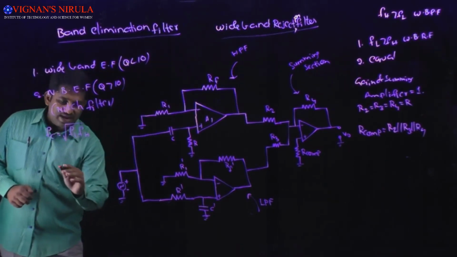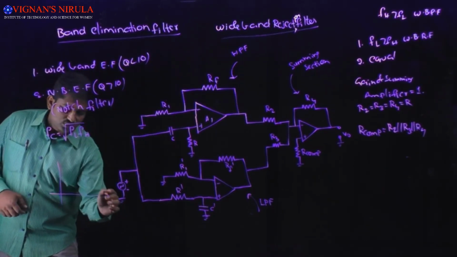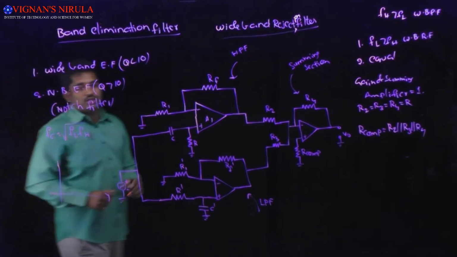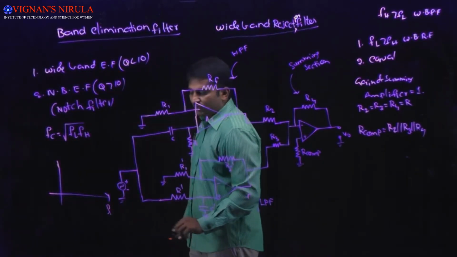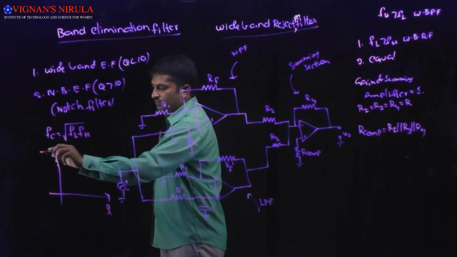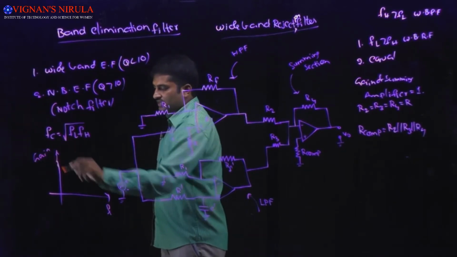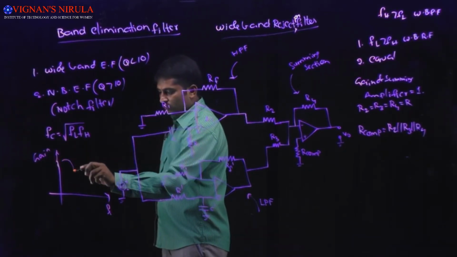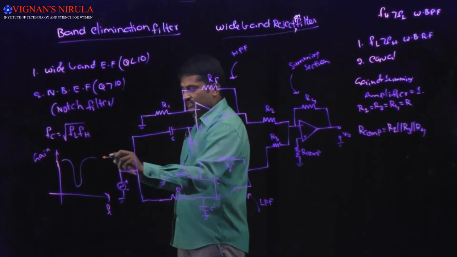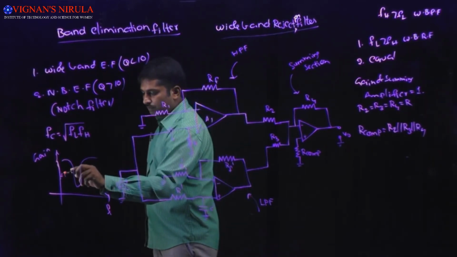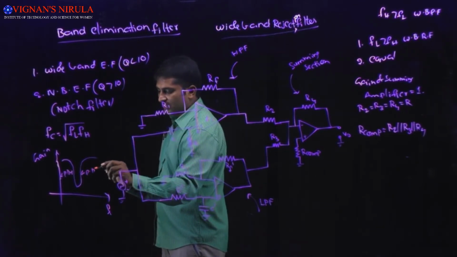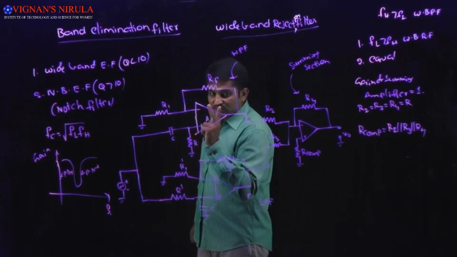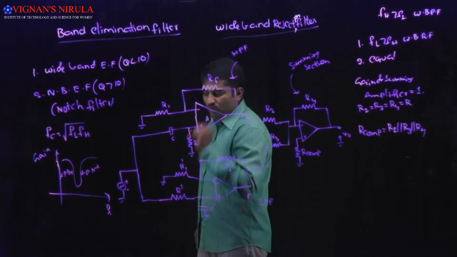Always draw the frequency response between gain and frequency. So you will get it like this. Here it is a pass band, and here also we have a pass band. That means it consists of two pass bands and one stop band.